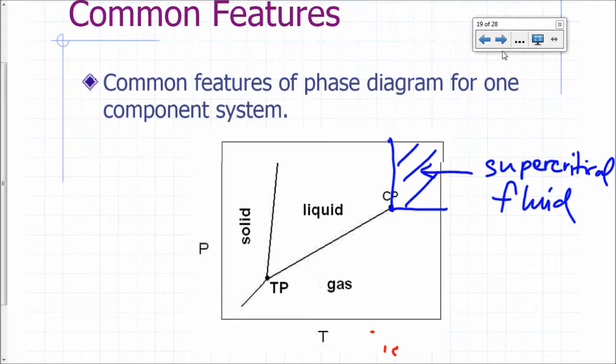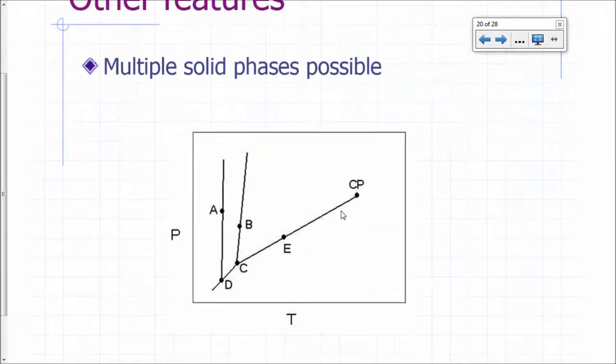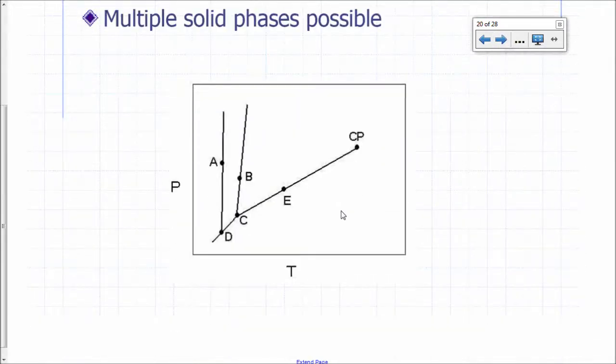Another feature of phase diagrams that's not addressed in that animation is that it's possible for a substance to have different stable forms of the solid phase under different conditions. So here is something that would resemble the phase diagram for sulfur, for example.